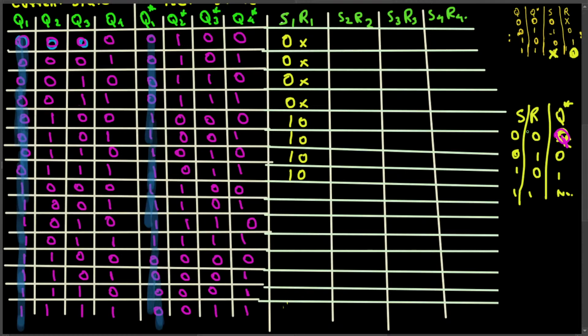Wait. 1 1. We are looking at Q next state, right? 0 0. 0 0 is the same as previous one. 0 1 is 0. 1 0 is 1, and then 1 1 not allowed.